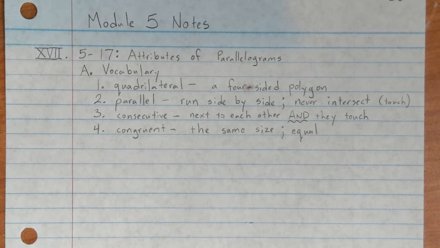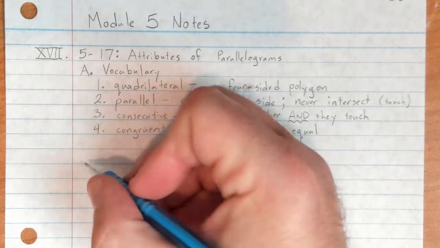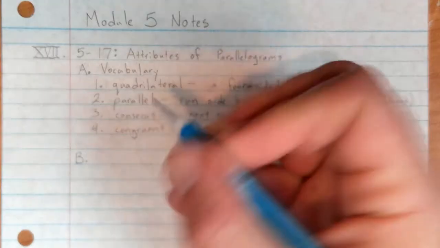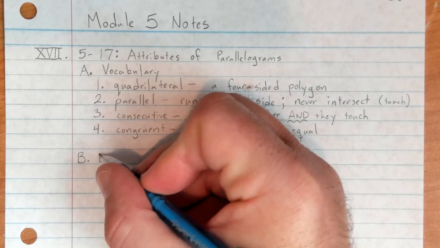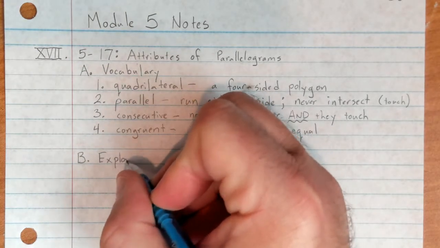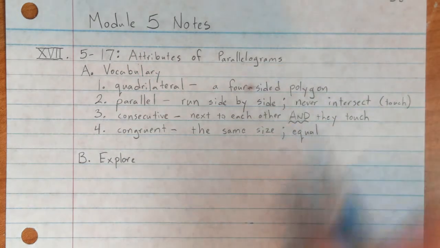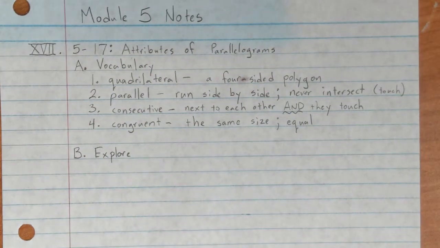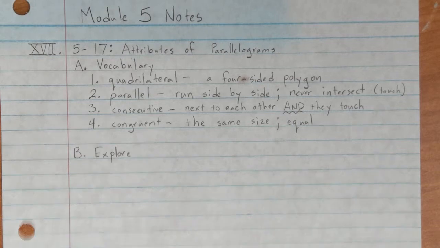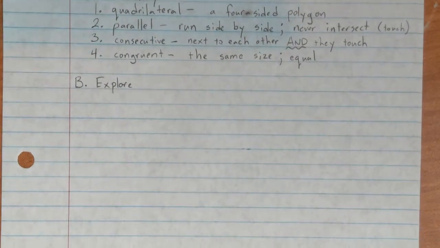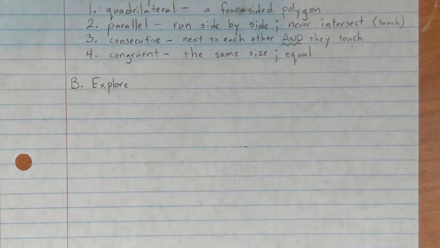Now, keeping that vocabulary in mind, we're going to use it as we go through. We're going to talk a little bit about the attributes of parallelograms. And to do that, we're going to start by reviewing what some of the attributes of trapezoids were. When we talked about trapezoids, one of the first things we did was start with parallel lines.